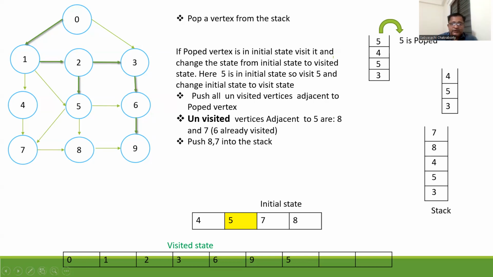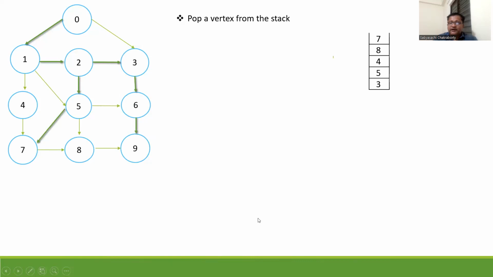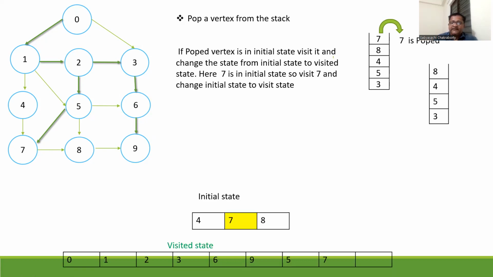And 5 will be put into the visited state array, taken out from the initial state. So the status of the stack is 7, 8, 4, 5, 3. 7 is popped out. The stack is left with 8, 4, 5, 3. After that, 7 is taken out and 7 is put into the visited array.